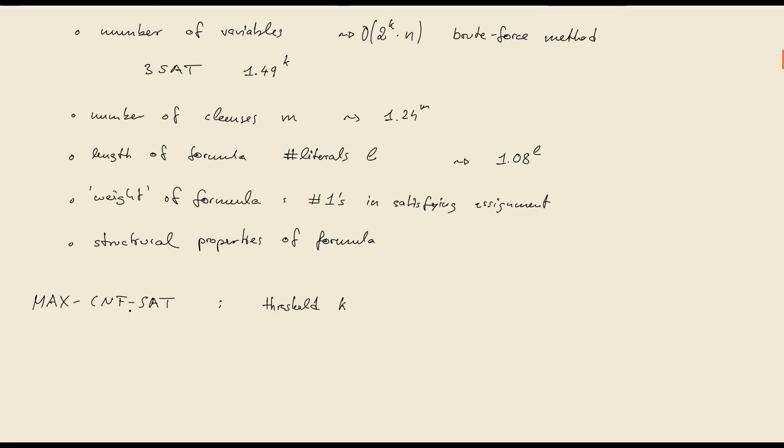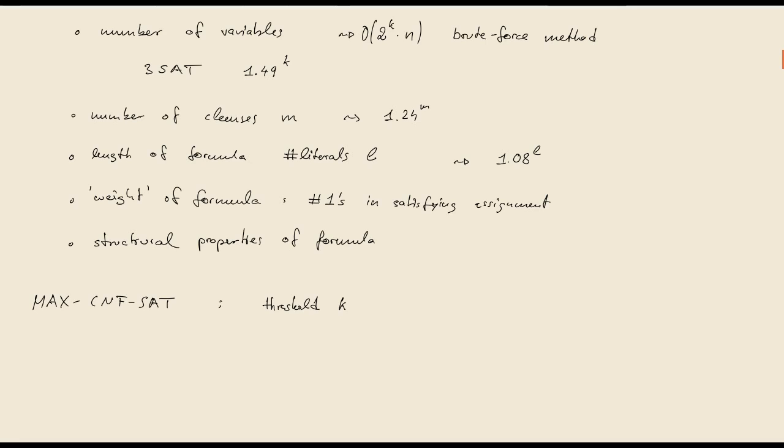So the decision version of this optimization problem asks, is there an assignment that satisfies at least k clauses? And you can make this k, the threshold that you're given as input, your parameter. As we'll see, this will often help.